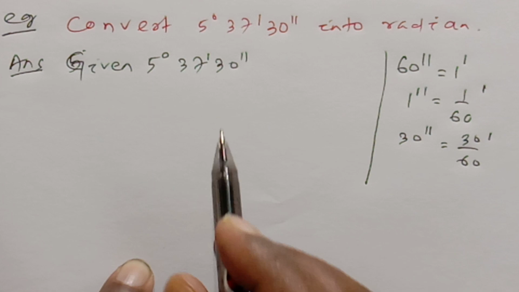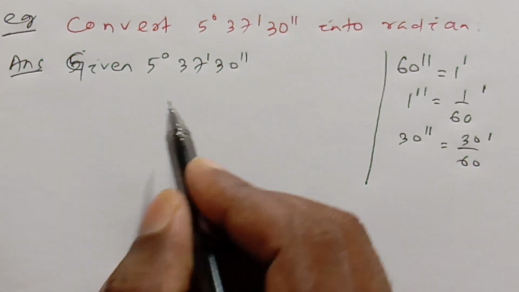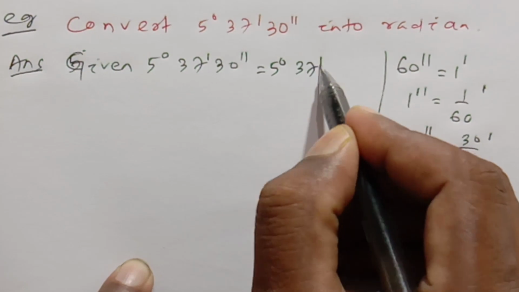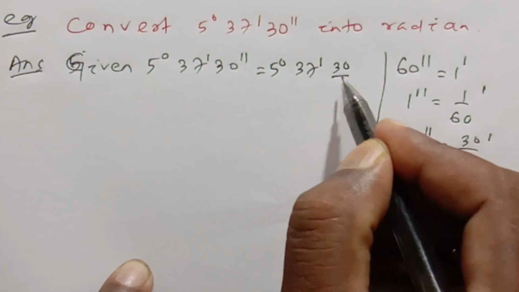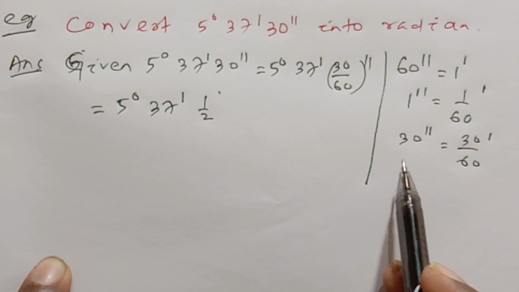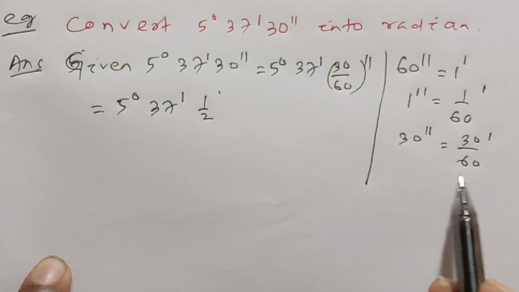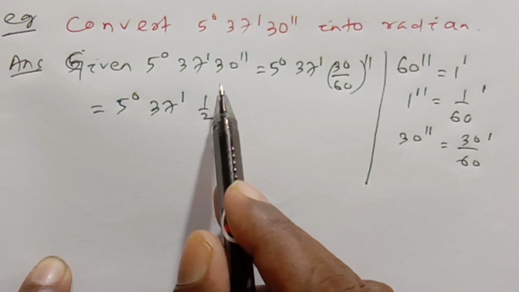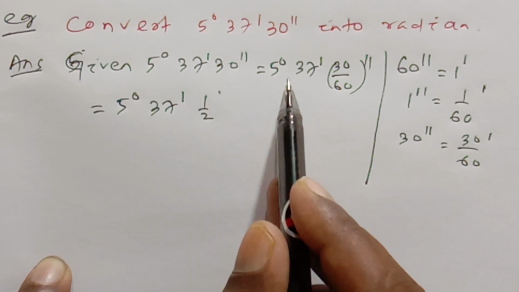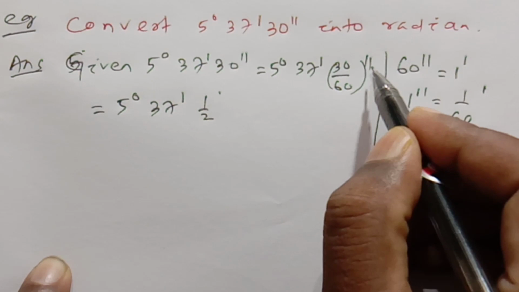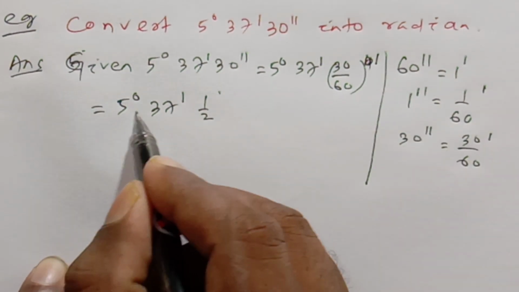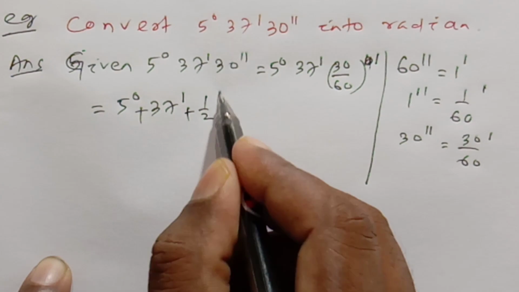When we convert seconds into minutes, divide by 60. So this is 5 degree 37 minutes plus 30 by 60 minute, which is equal to 5 degree plus 37 minutes plus half minute.